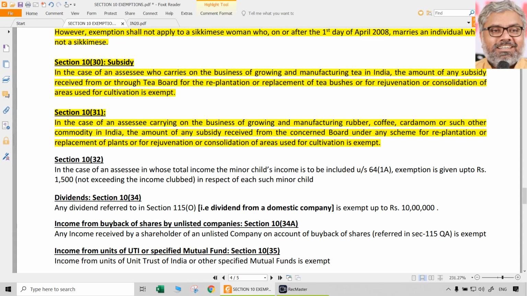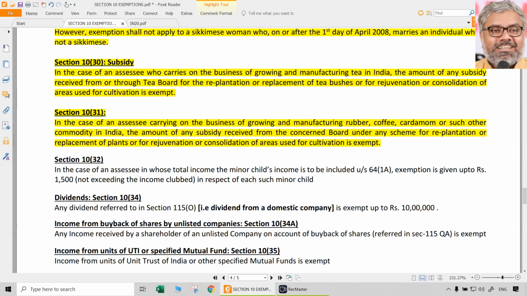Then section 10(31) says why only tea? So we extend it to other things also. Rubber, coffee, cardamom or other commodities, coir board, like that. So many boards are there in India. We have the Rubber Board, Coffee Board, Cardamom Board, any other board where a subsidy is received from that concerned board under any scheme for replantation or replacement of plants or for regeneration or consolidation of areas under cultivation, it shall be exempt.